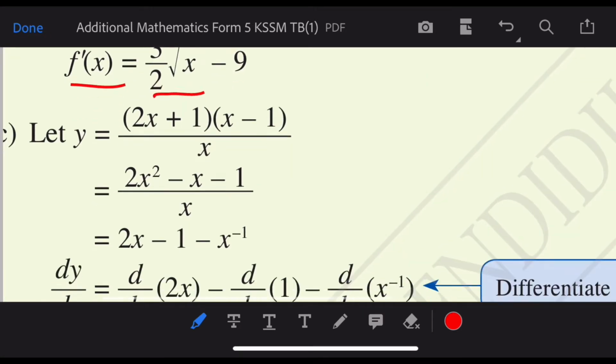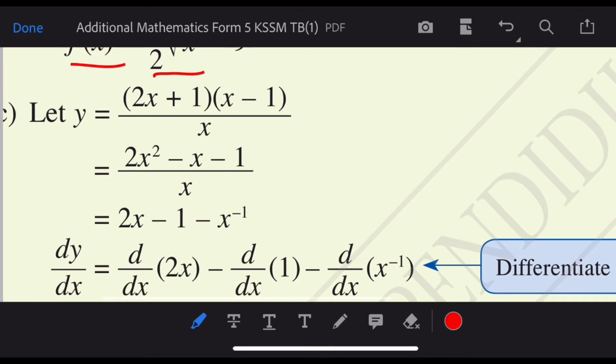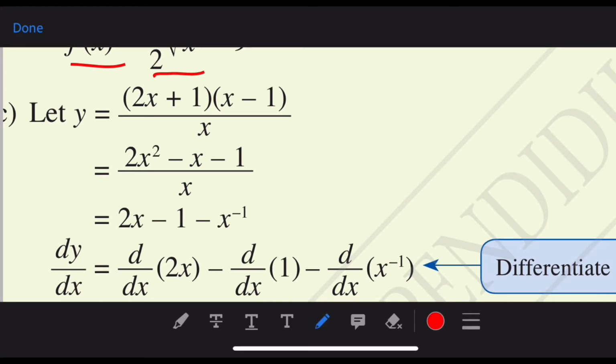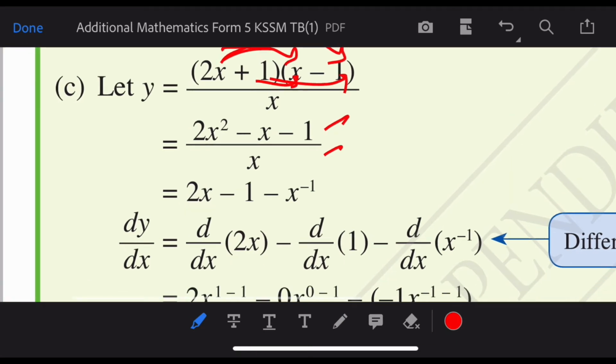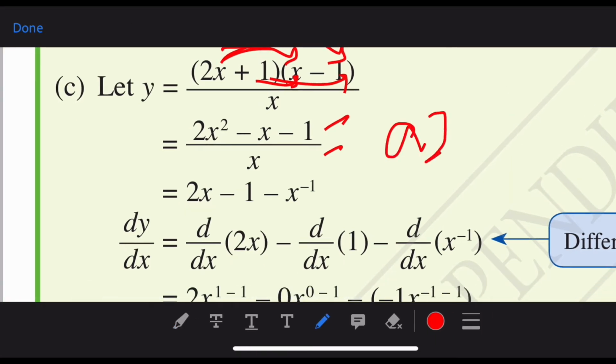Like this example, when you differentiate, you have to expand first, one by one. Expand, then you simplify. Then you cannot differentiate yet because you still haven't seen the power form. You must see the power of the x. So now you have to simplify the constant.